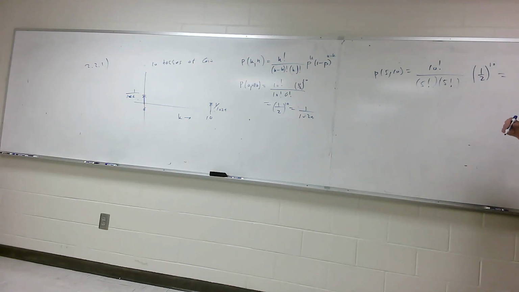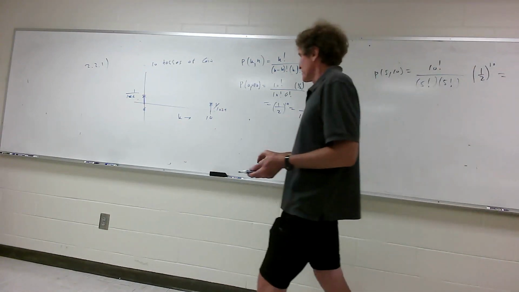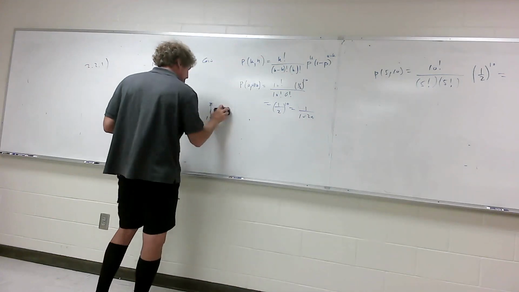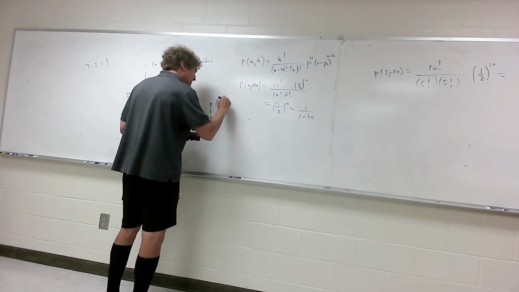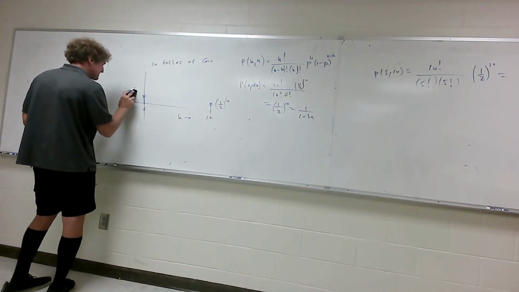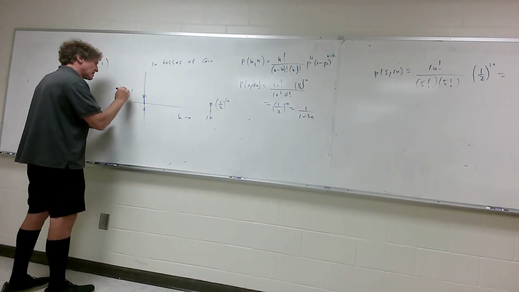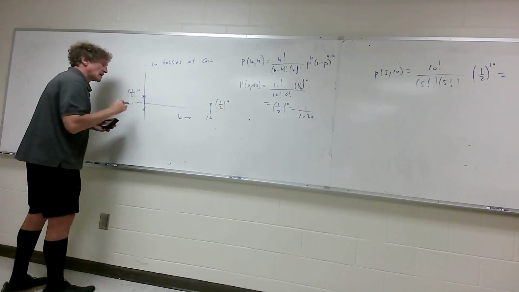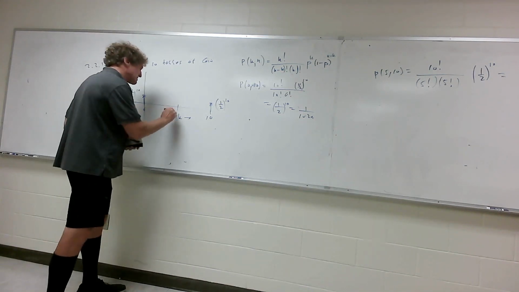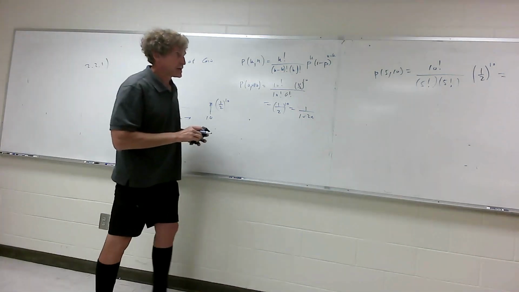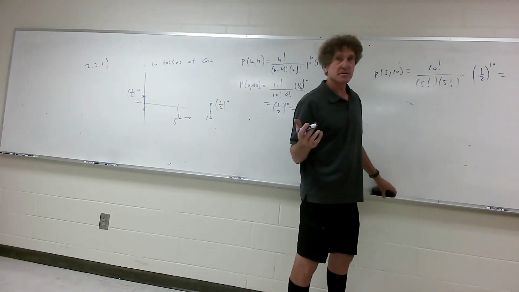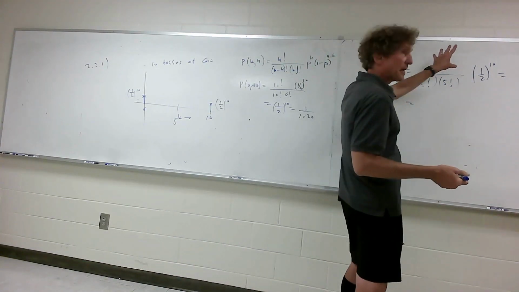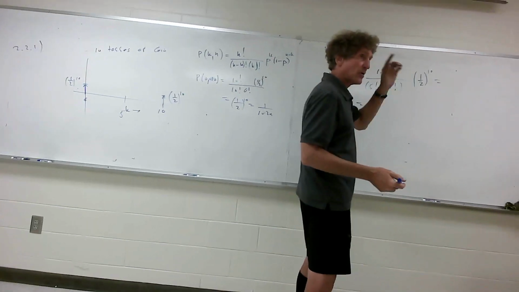As a matter of fact, if I just leave this one over here, it'll make more sense. Just put this as 1/2 to the 10th, and this is 1/2 to the 10th here. And then the middle value, the largest value at 5, well, how do I get that? This is the way I do this. I know I've got 10 factorial, that's 1 times 2 times 3 times 4, all the way to 10.